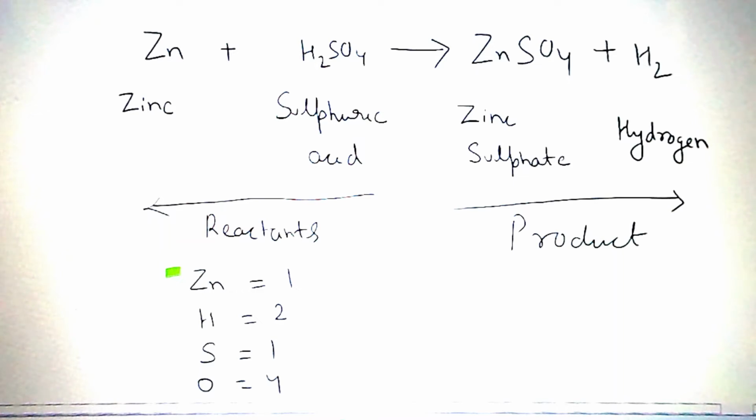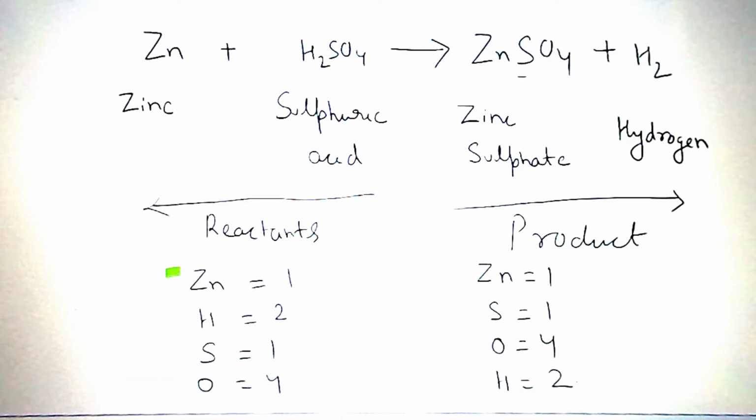Now in the product side, number of Zn atoms is 1, number of sulfur atom is 1, number of oxygen atom is equal to 4 and number of hydrogen atom is equal to 2. Now, in any balanced chemical equation, number of reactant and number of product atoms should be same.